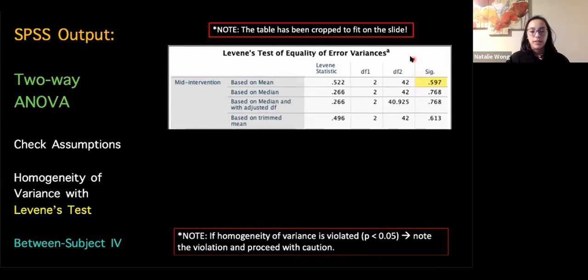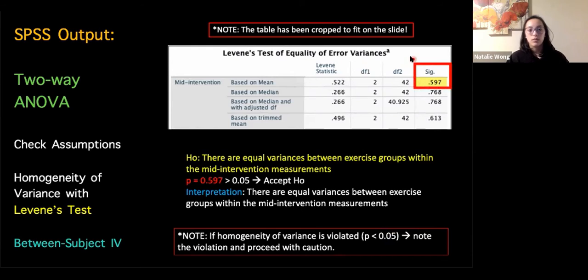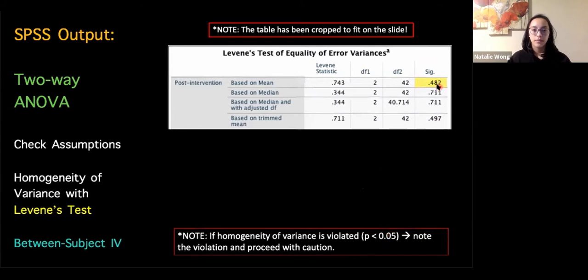Then we'd look at if we have equal variances within our mid-intervention measurements. So null hypothesis, again, there are equal variances between our exercise groups within the mid-intervention measurements. We can assume this is true because our p-value is larger than 0.05. And then we would do the same thing for the post-intervention. Based on this p-value, 0.482, that is larger than 0.05.